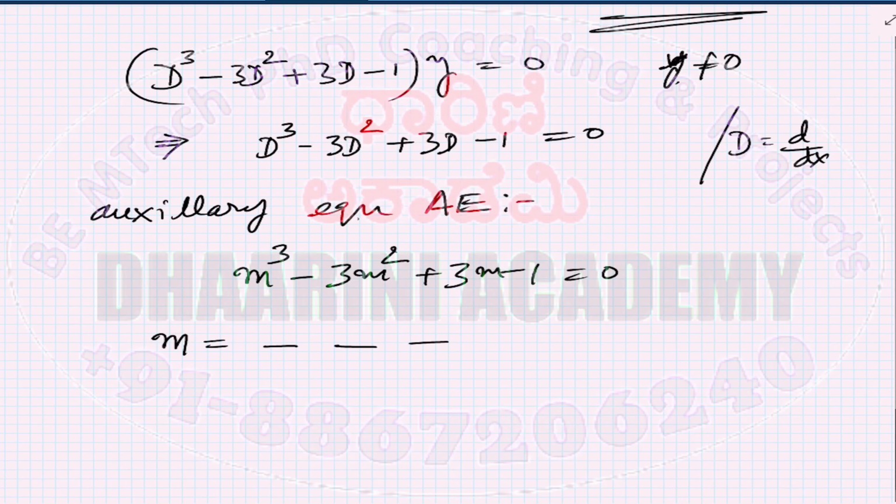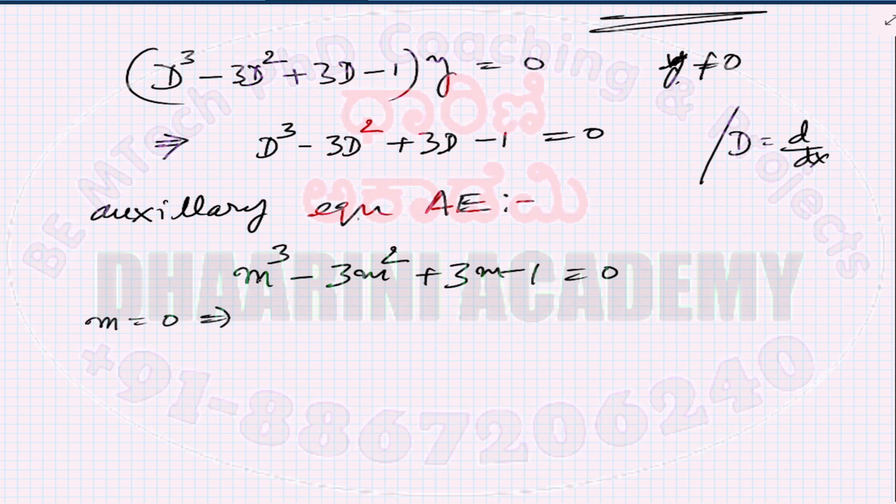Okay, fine. Now how to solve that, right? This can also be solved very easily. The condition here is that you need to identify one of the solutions. Out of the 3, one you have to find out somehow. So what is the best method to find that? You keep substituting random values of m. So let's start with m equal to 0.